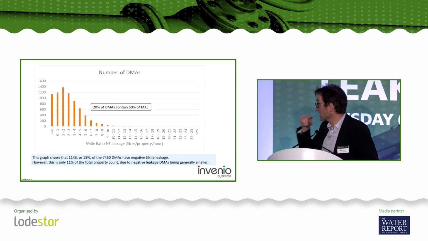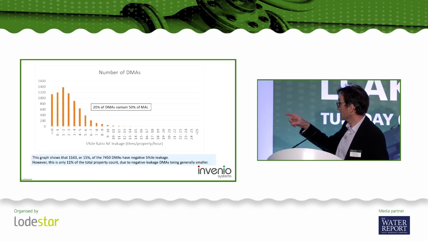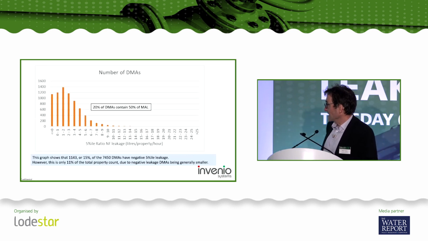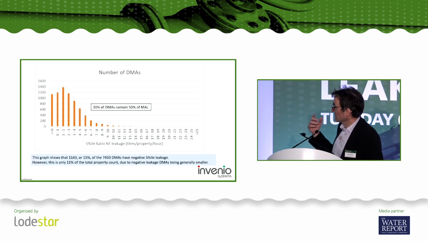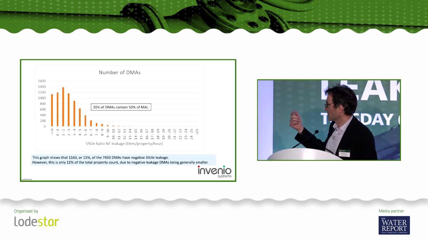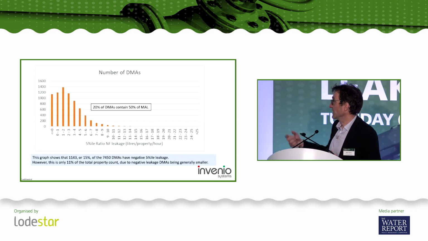If you look at the same data, this is the number of DMAs as a histogram. That's the distribution you get. You can see that almost all of the lowest achieved leakage is down at the 0 to 4 litres per property per hour kind of value, which is what you'd expect.